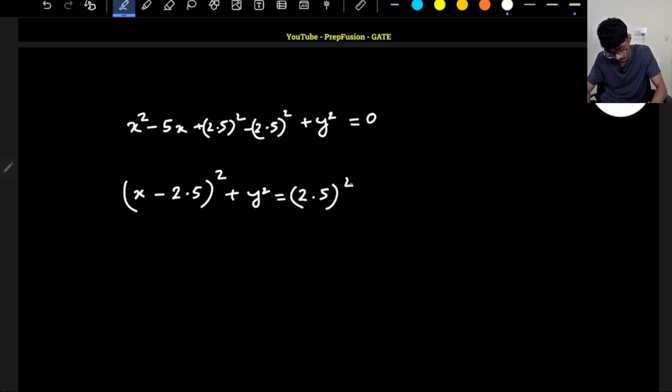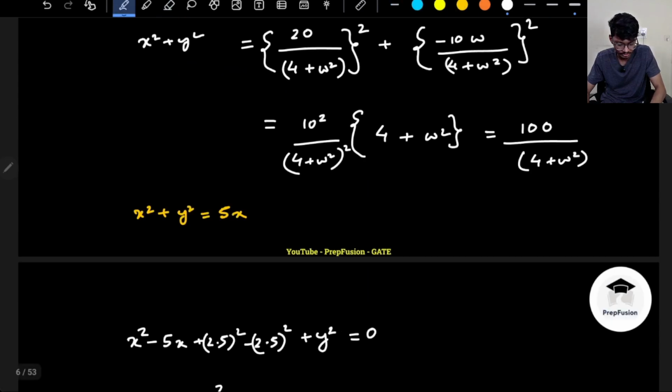Now I hope you are getting familiarized with the form. This is the same form as x minus a whole square plus y minus b whole square equals 2.5 whole square. Is that what we got?